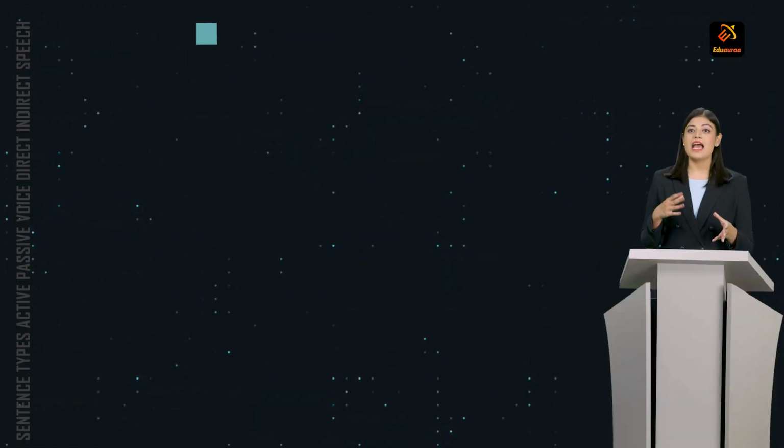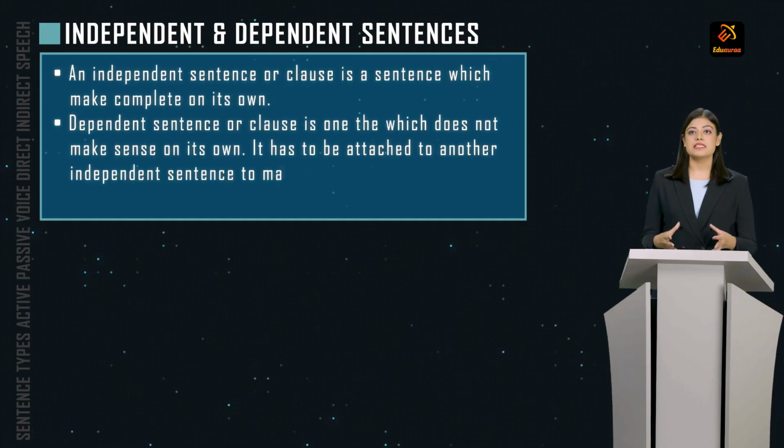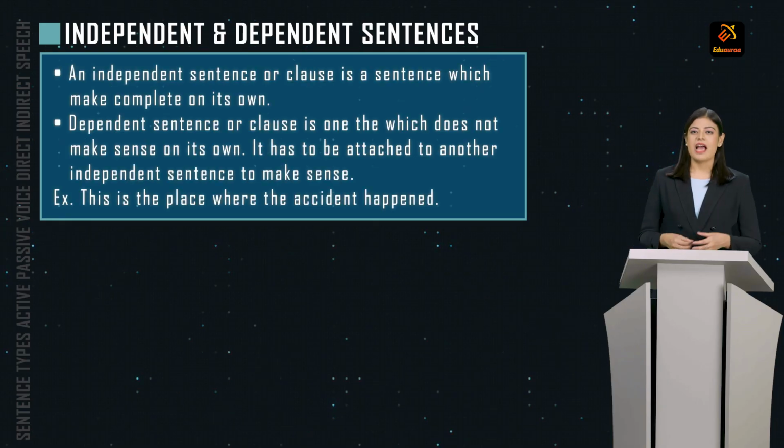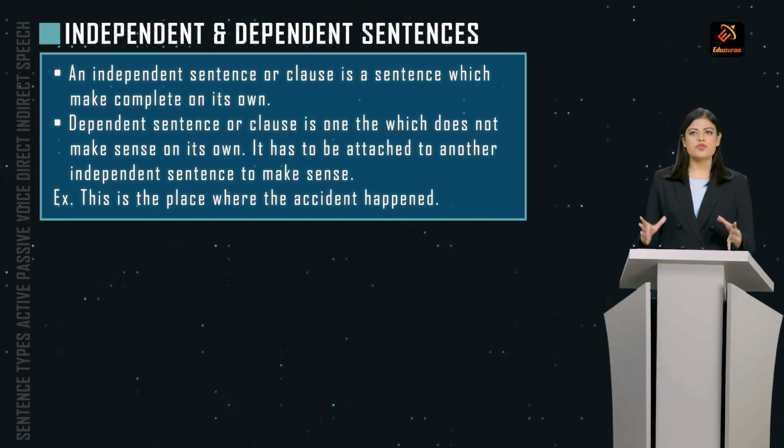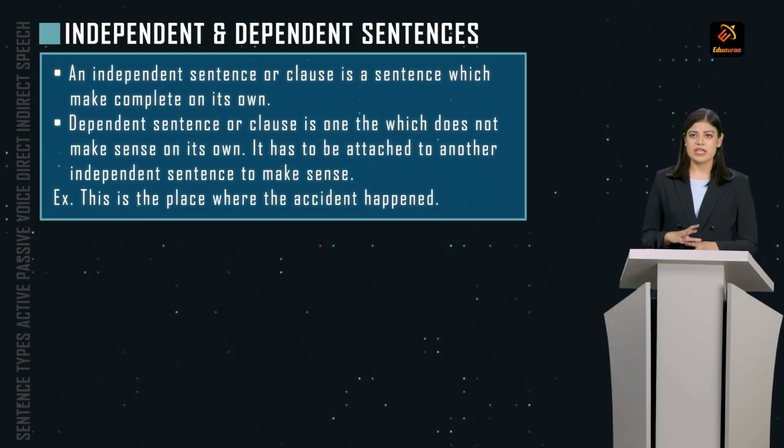Now let's move on and understand a little bit about independent and dependent sentences. Actually, it is said independent and dependent clauses, but you don't need to get confused with that. Clauses is just a fancy word for sentence. In school you must have studied independent clause and dependent clause, or main clause and subordinate clause.